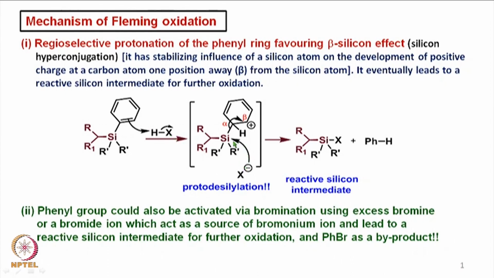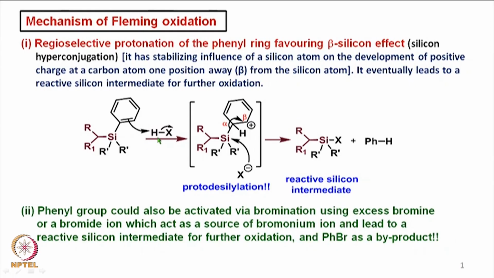That bromide ion then interacts with the silicon, and this carbon-silicon bond is broken to regenerate the aromatic system, like benzene here, and in the process we generate the reactive silicon intermediate. So essentially this is nothing but a regioselective protodesilylation to form a reactive silicon intermediate for further oxidation. This is the basis of the Fleming oxidation.